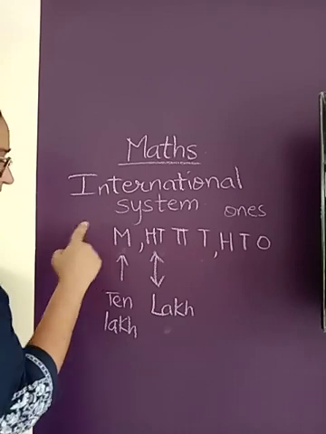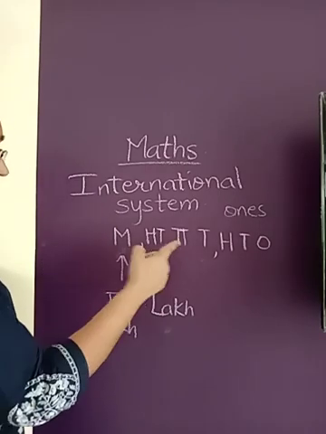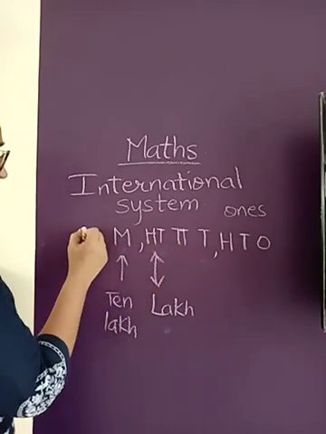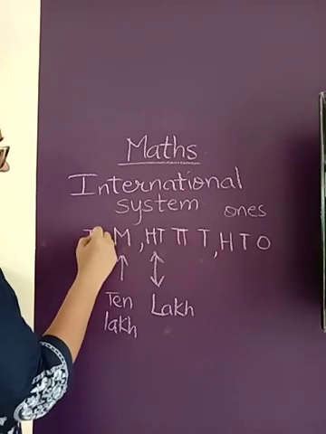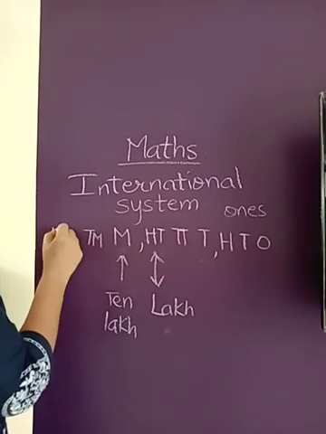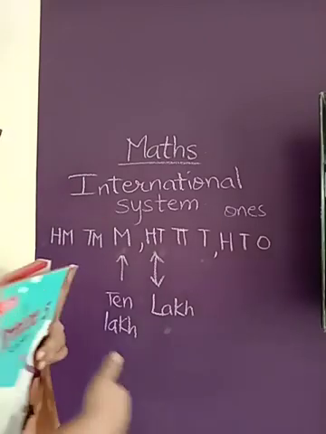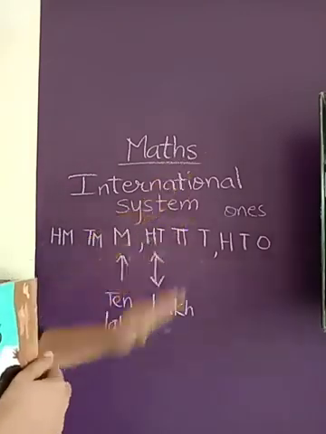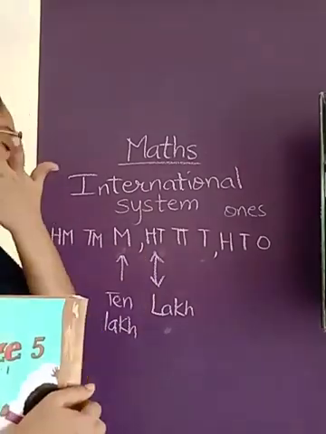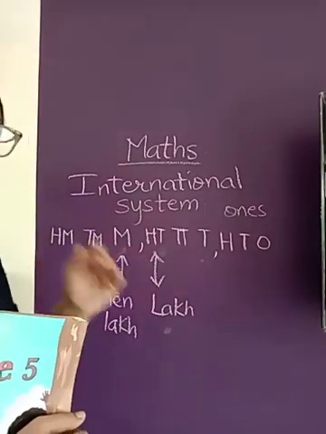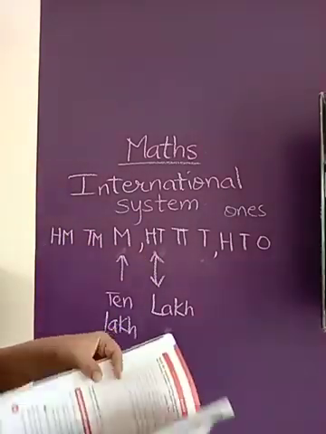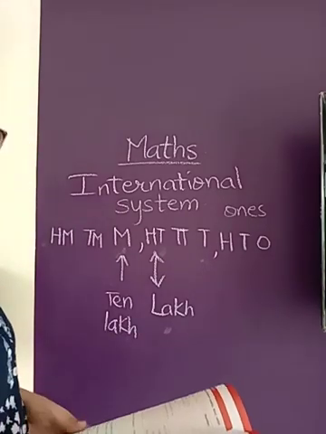Now here again, they have 3 digits, same as this. Million, then this will be 10 million, and this will be 100 million. So they don't use our Indian system. They use a different system for numbering which has millions in it.